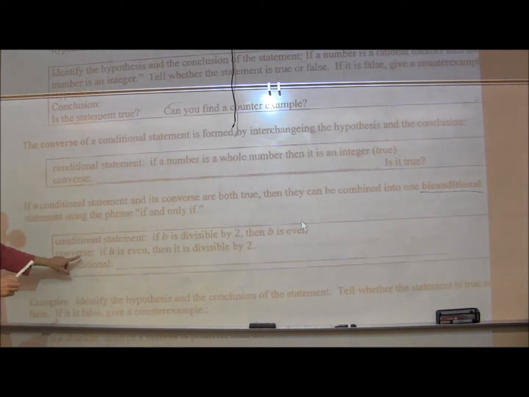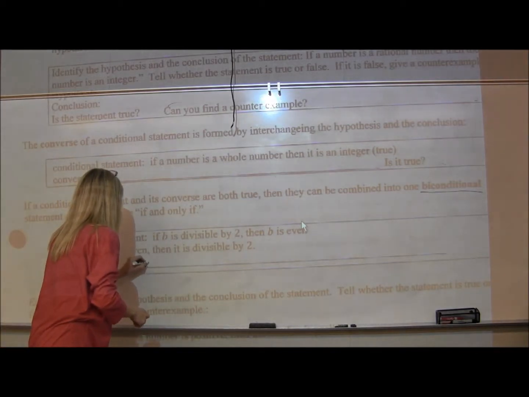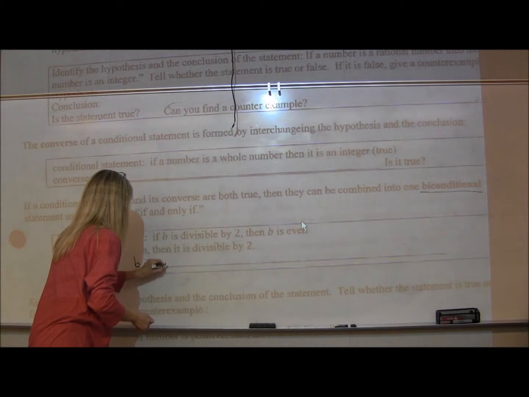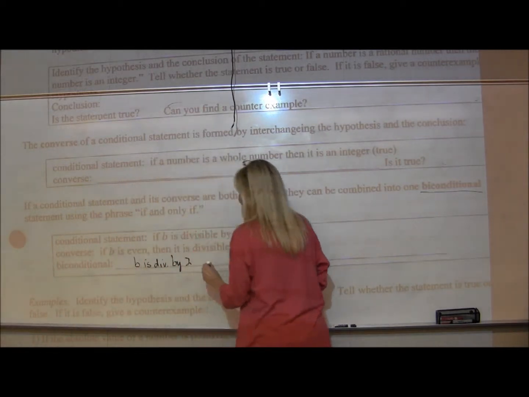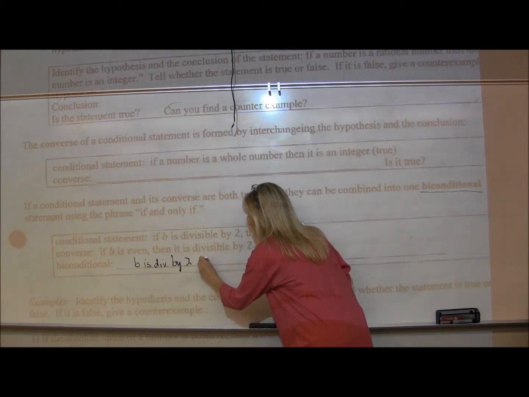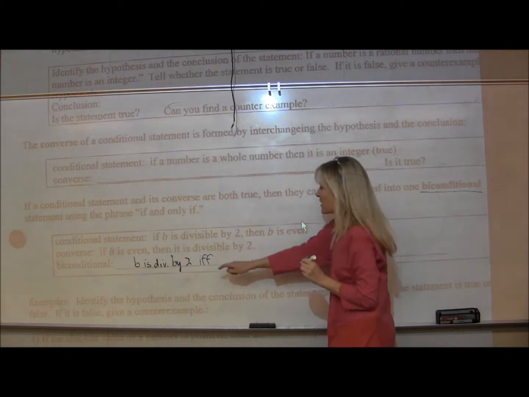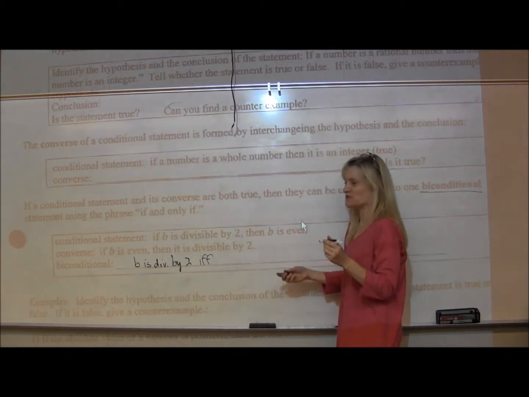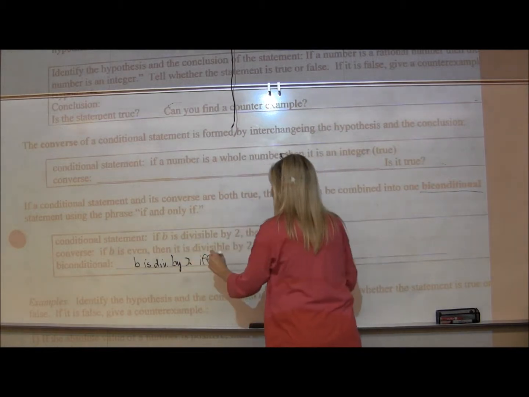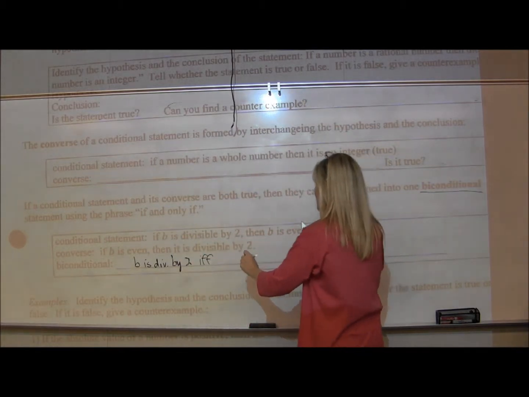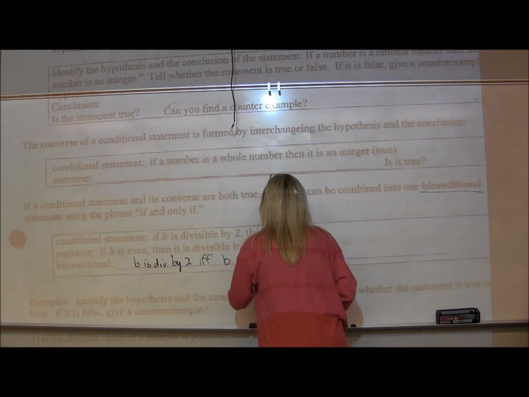So then the biconditional is: b is divisible by 2 if and only if, and I usually abbreviate that IFF, but you can write "if and only if." IFF is often used by mathematicians to mean "if and only if." So: b is divisible by 2 if and only if b is even.